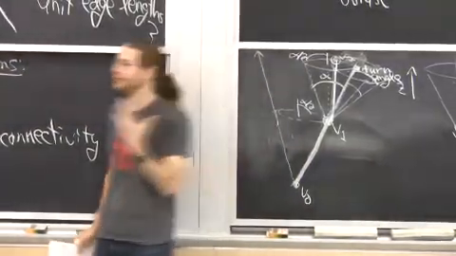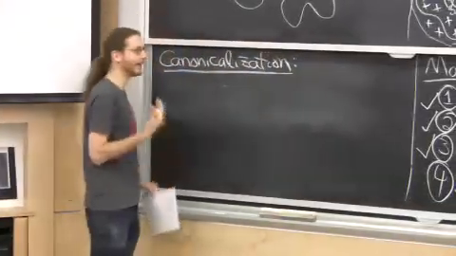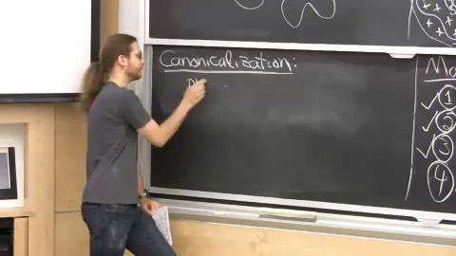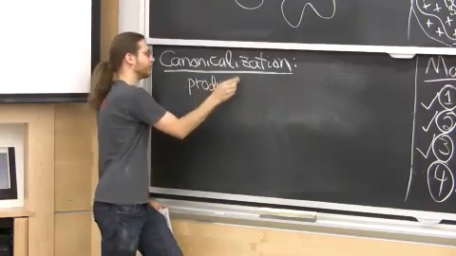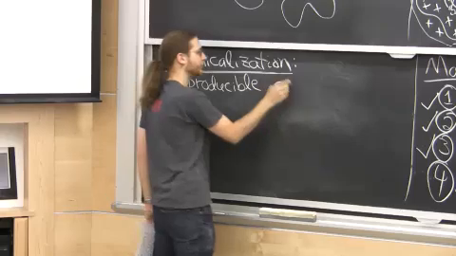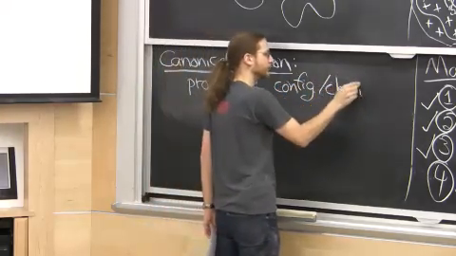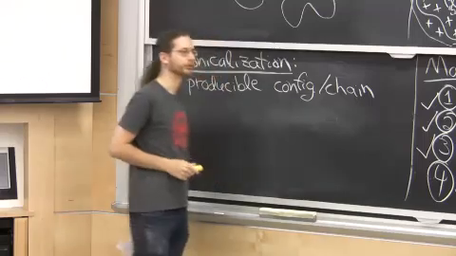So we have a movie here in mind, which is how was the chain produced? So what I want to show is that if I want to start with a producible configuration and chain, somehow it got produced.